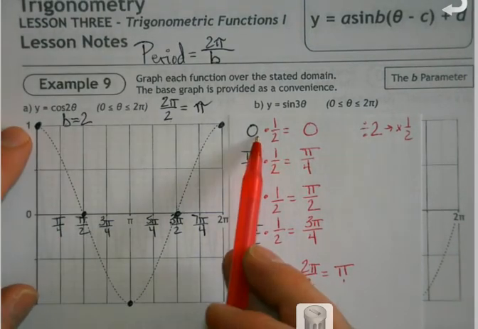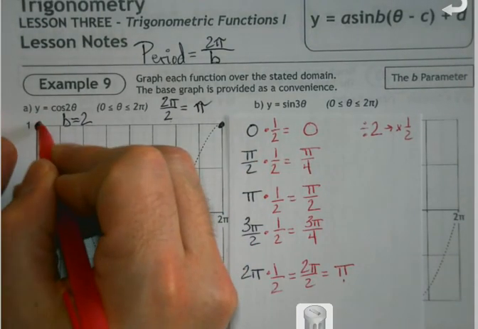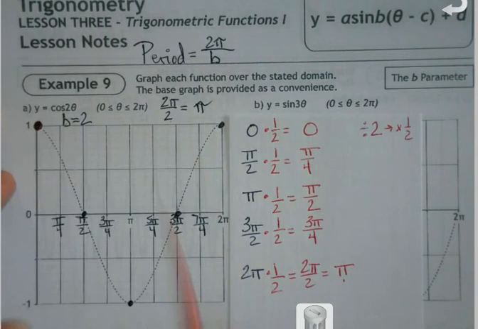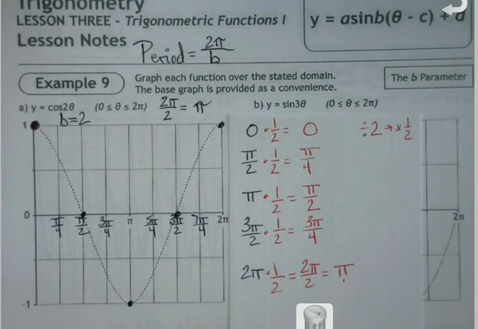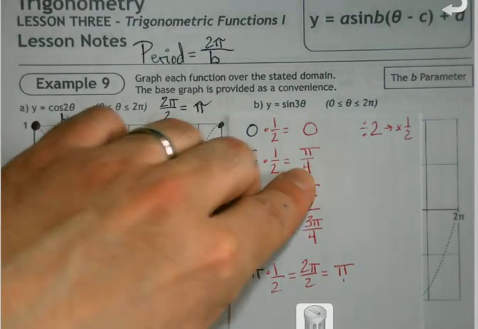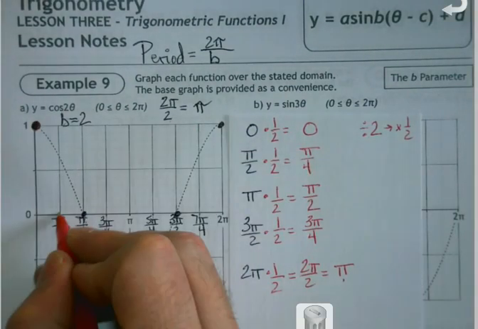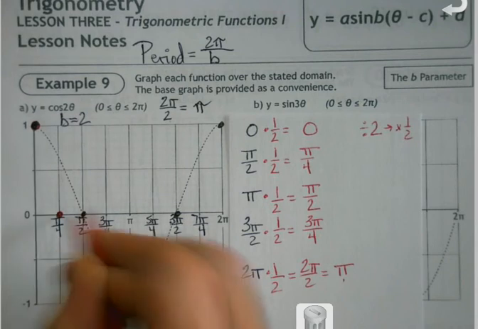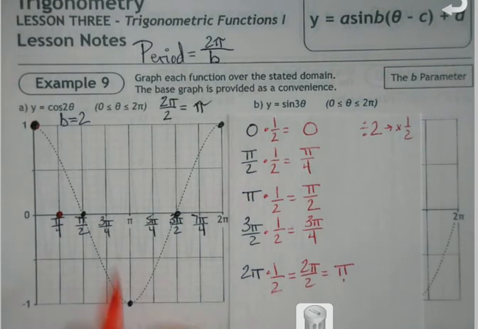At 0, okay, we're still at 0. So this guy doesn't move. He's going to get to stay there. Pi over 2 is normally right here at 0, but it's moving. It's going to move to pi over 4. So notice the y value didn't change, it's just moving over.